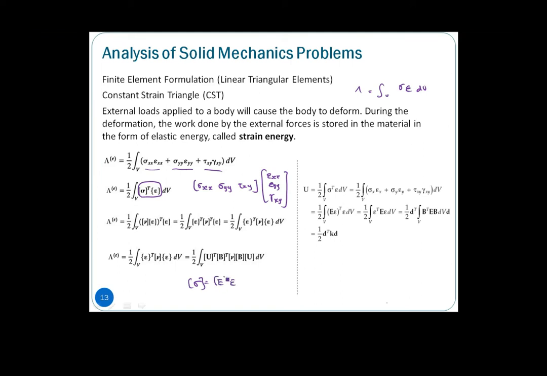This E itself is a 3 by 3 matrix, and nu is also the same, just a symbol used for representing this. This is 3 times 1, this is 3 times 1. So in this case, our stress itself can be represented by this transpose.